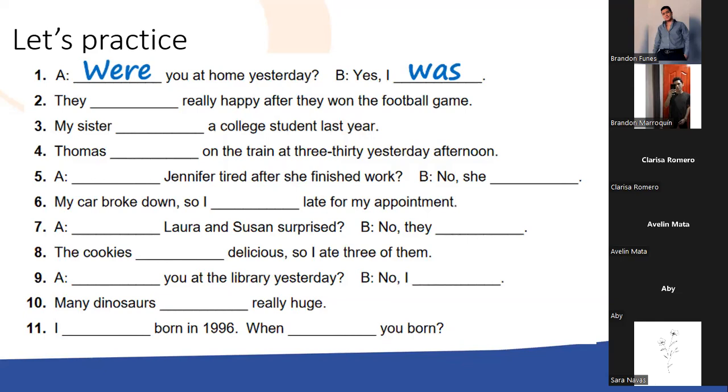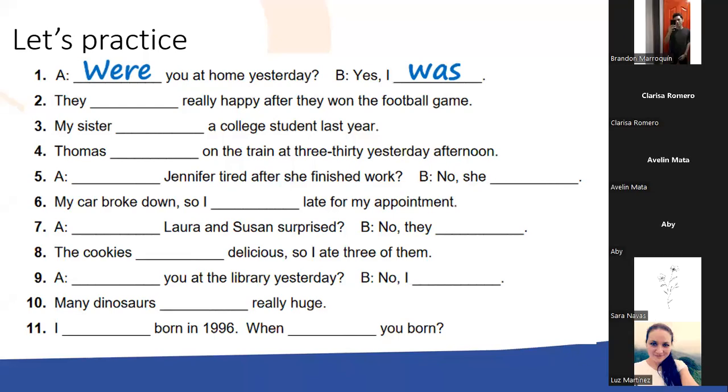Okay, all right. Sarah, when were you born? I was born in 1992. Okay. Let me see. ¿Quién me hizo falta? Me, teacher. I was born in 1988. Okay, okay.